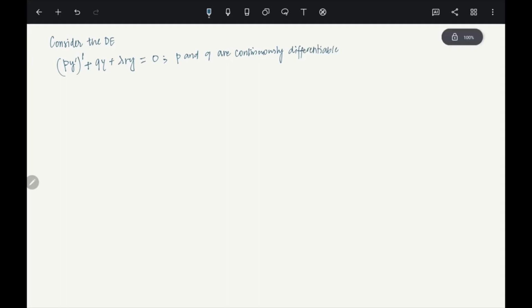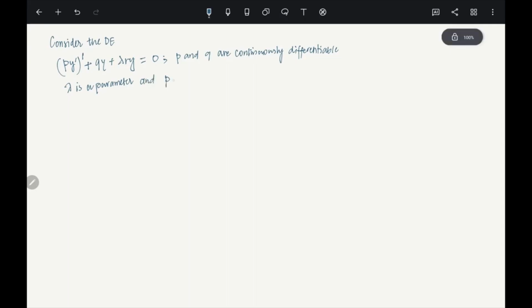What is lambda? Lambda is a parameter. For starters, we are going to assume lambda is a parameter varying in C, so lambda will be from C. That is what we assume initially. And a very important property: these properties are very important in order for this problem to work.